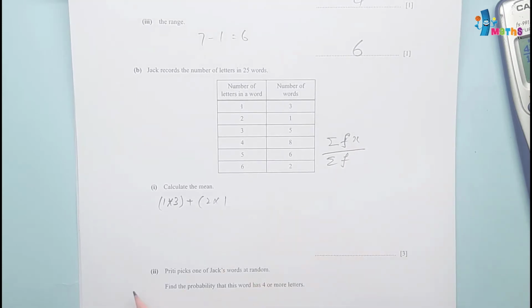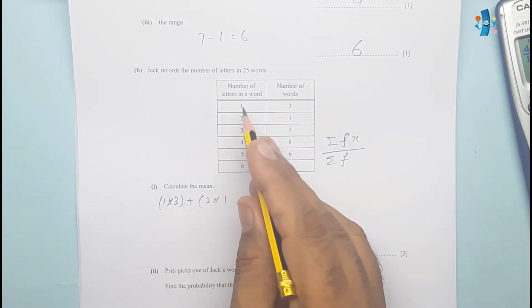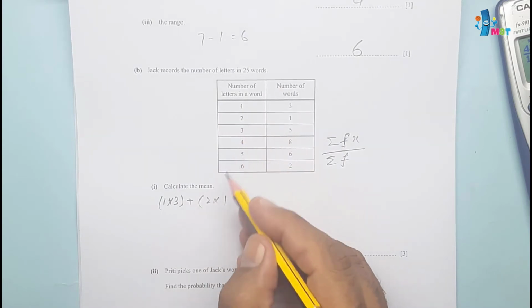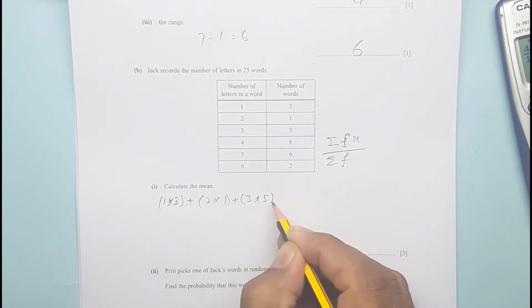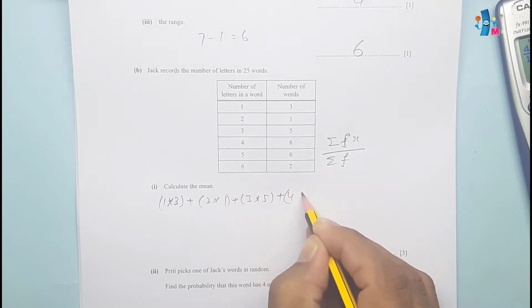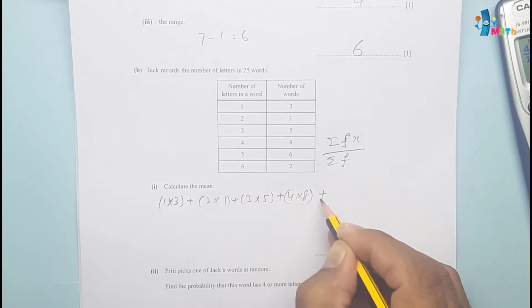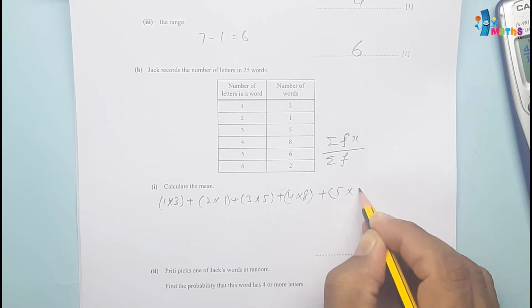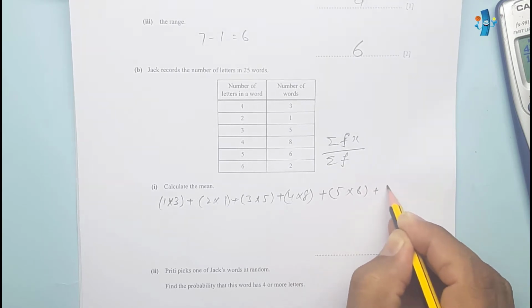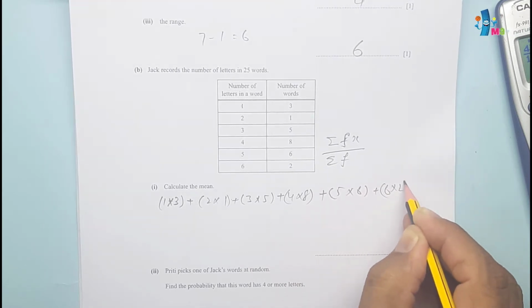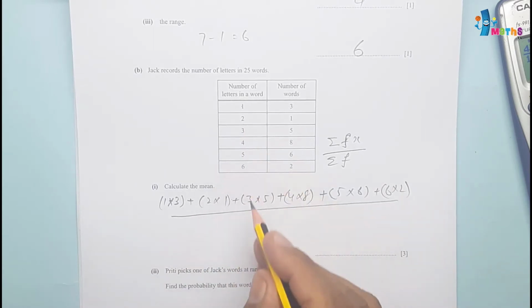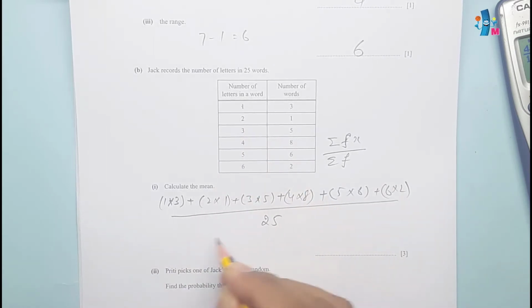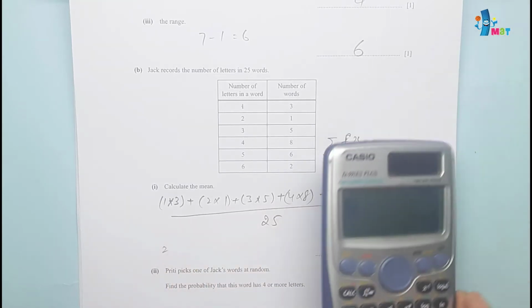This will be the formula which we will be applying. So this into this plus this into this, plus 3 into 5 plus 4 into 8 plus 5 into 6 plus 6 into 2, and the whole divided by the total, which is 25, and we can use a calculator.